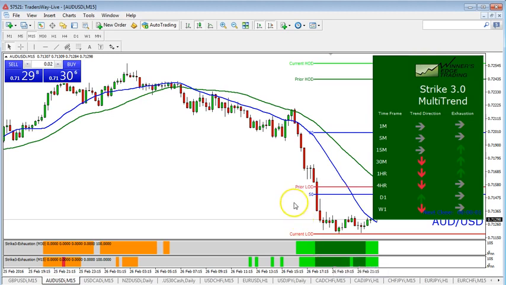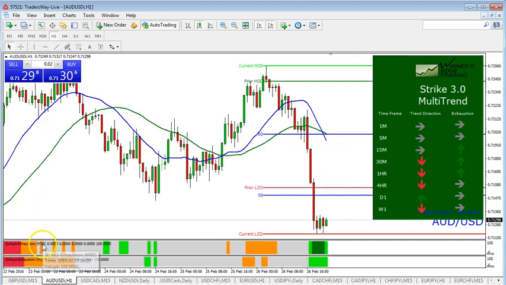Now, you can see this is the odd dollar pair, and on the bottom you can see it says 15, and on the top is 30. Now, the way we program this is that this top indicator will always be on the 30-minute time frame. So if you can see up here, I switch it to an hourly, you'll notice that it stays on the 30.